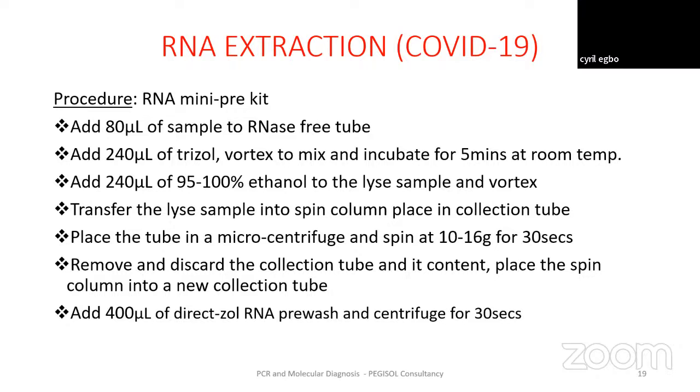So then you remove and discard the contaminant, which is the content in the collection tube, and place the spin column into a new collection tube.